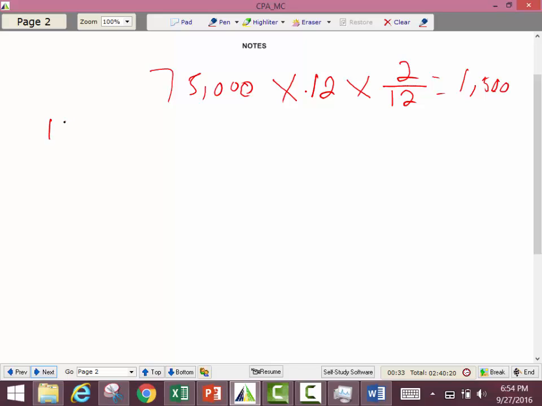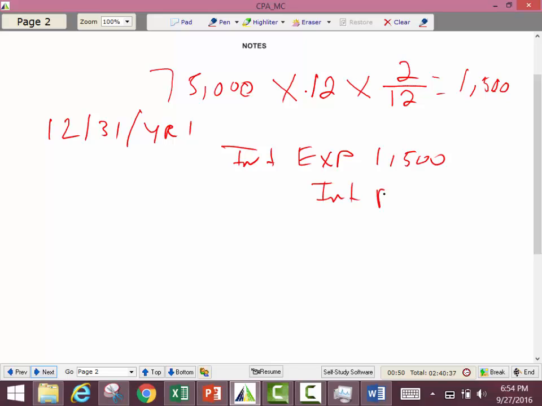So at 12/31 of year one, I debit interest expense for $1,500, which was the answer to that question. I credit interest payable for $1,500, right?